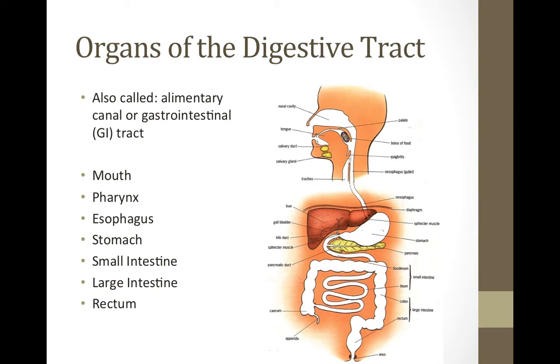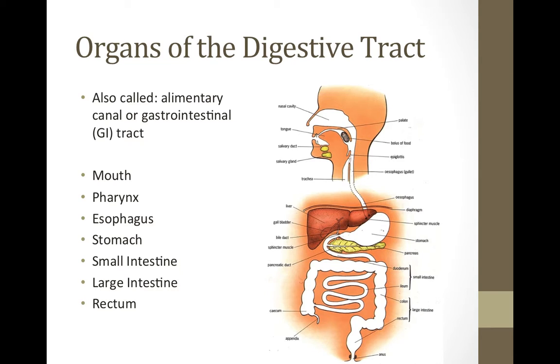Another name for your digestive tract is the alimentary canal, also gastrointestinal tract or GI tract. So if you've ever been to or heard of a GI clinic, they're referring to a gastrointestinal tract clinic.